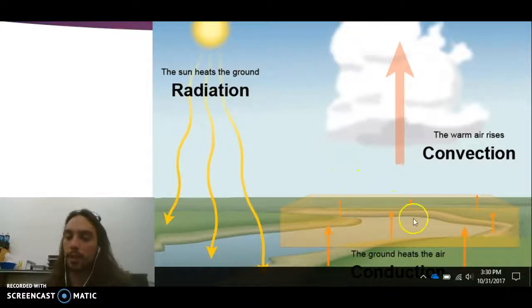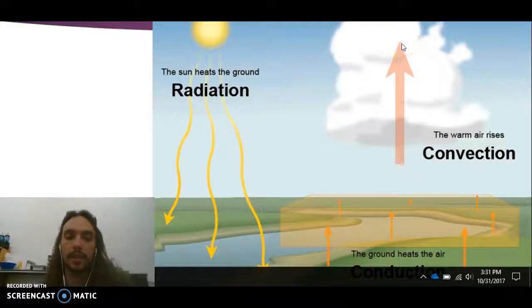So then from there, the air is going to get heated up. What we learned previously is that hot air rises, and liquids as well. Gases and fluids act similarly in terms of convection. So the radiation is going to come down, heat up the ground, heat up the air, and the air is going to move upwards because it's becoming less dense.